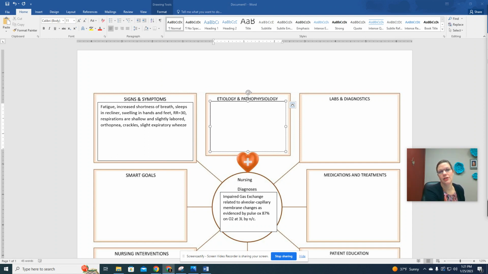That's how you're going to fill out the etiology and pathophysiology, is by using your Lewis textbook. And so when I looked them up, I decided that the correct pathophysiology to use would be the one for pneumonia. If you use your index in the back of your book to look for pneumonia, you'll find on page 505 of your Lewis textbook the pathophysiology for pneumonia. And it actually has a really cool graphic there on the top right-hand side of the page, figure 27.1.